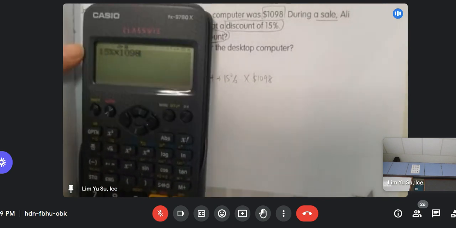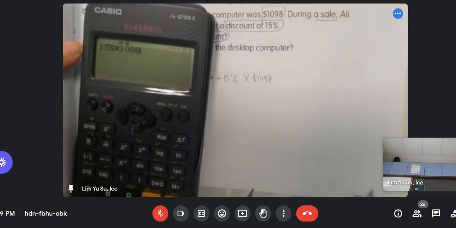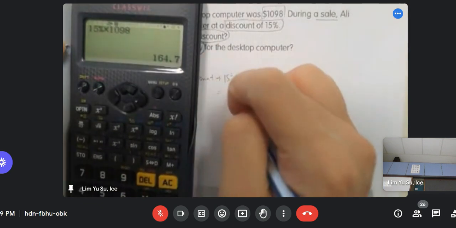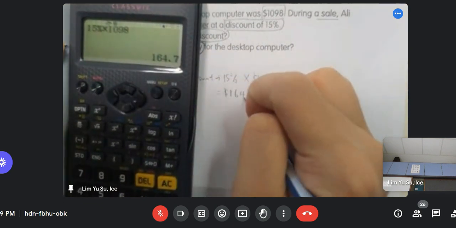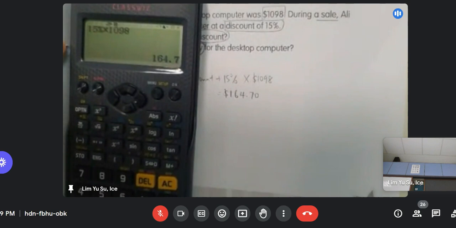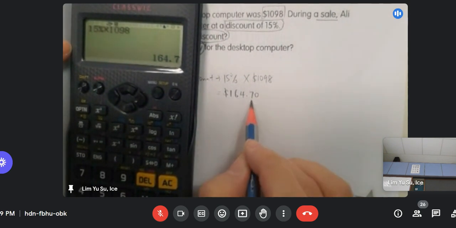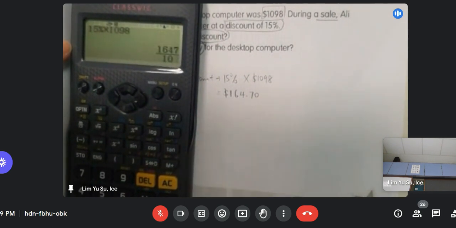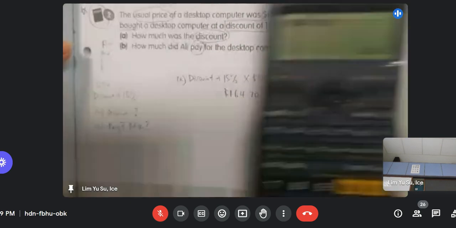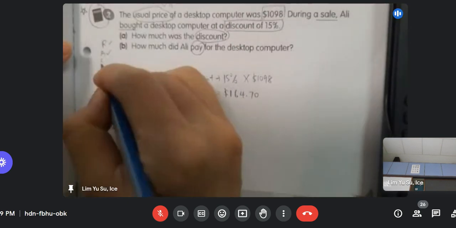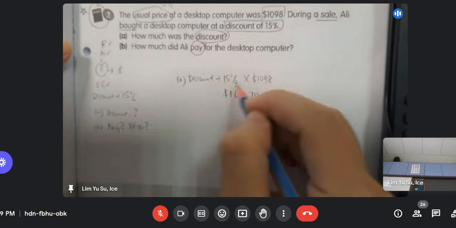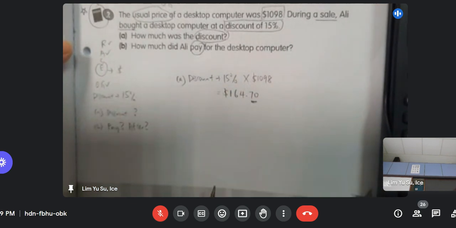So with a calculator, I can just press immediately and that gives me the answer, 164.7. So it's in dollars, so I must have 70 cents. So I take the fraction to decimal. Now this one asks for units, which is in dollars for A. Remember to add in the zero for 70 cents.